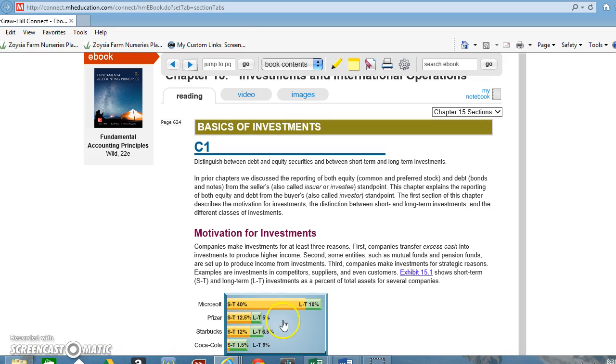That'll sort of open your eyes to kind of the opposite side of what we learned in chapter 14 with the bond issuance. In 14 we were looking at companies that were issuing bonds to generate cash. And on this side, you'll be looking at companies that are looking to invest in those bonds that the other company issued to make a profit.